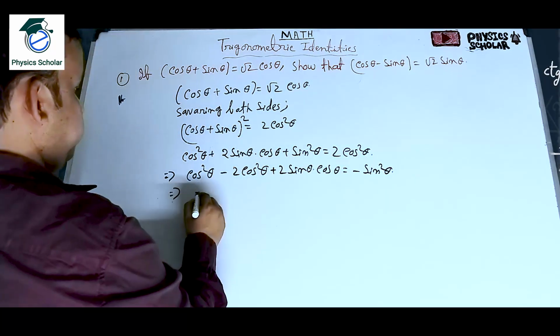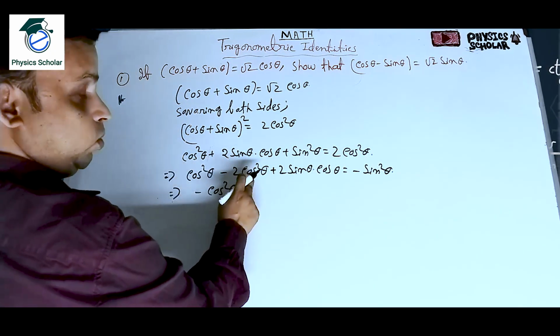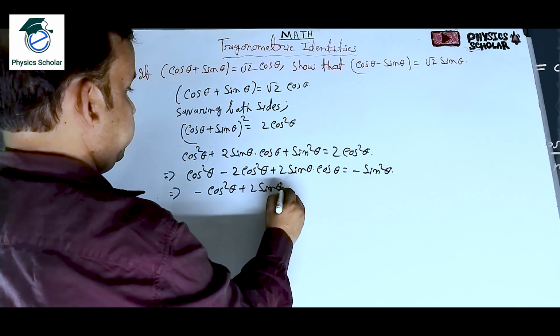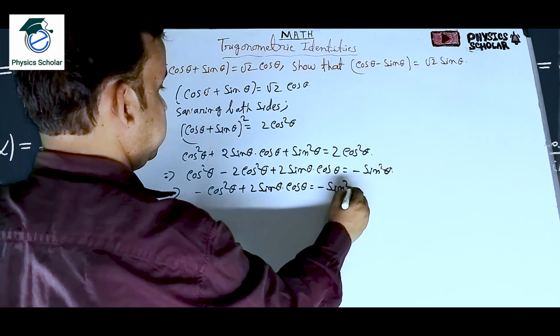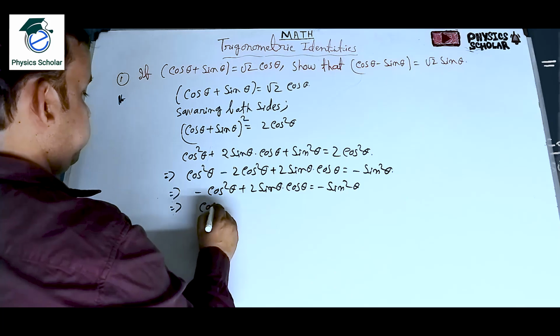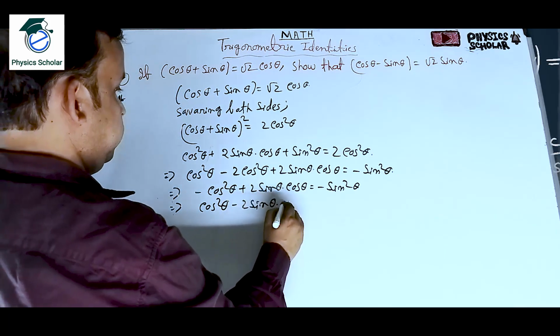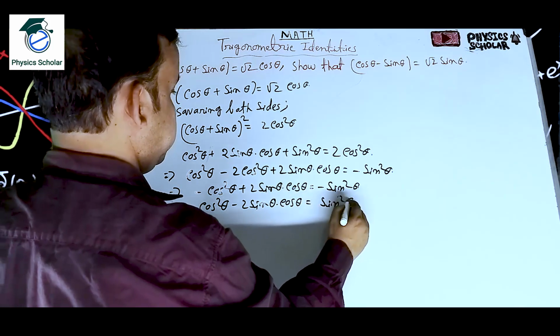Here it is minus cos square theta plus 2 sin theta cos theta equal to minus sin square theta. Now changing the sign, cos square theta minus 2 sin theta cos theta is equal to sin square theta.